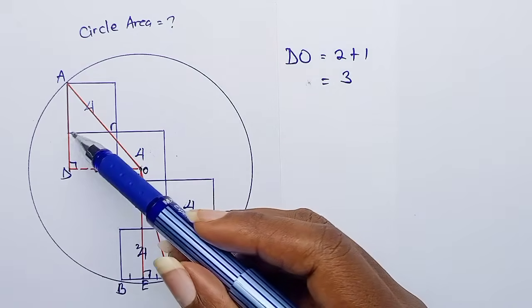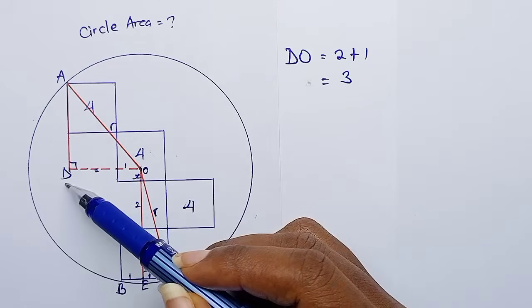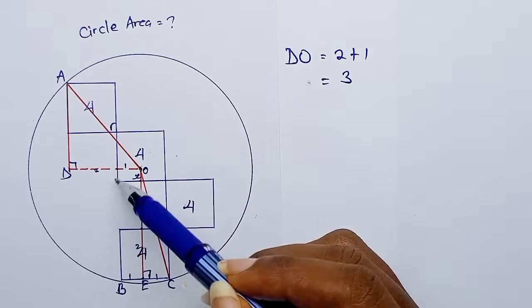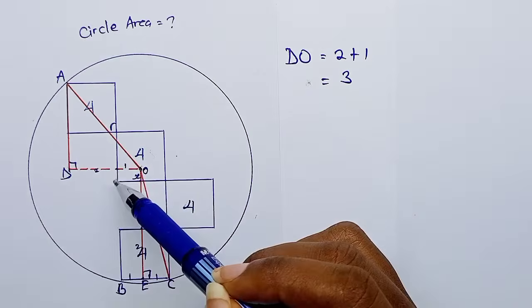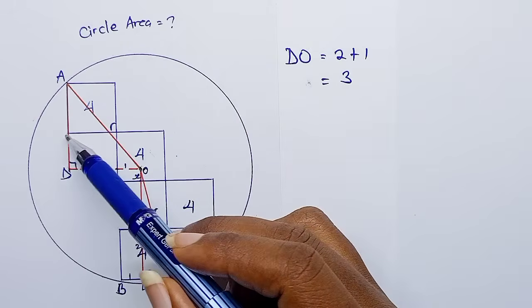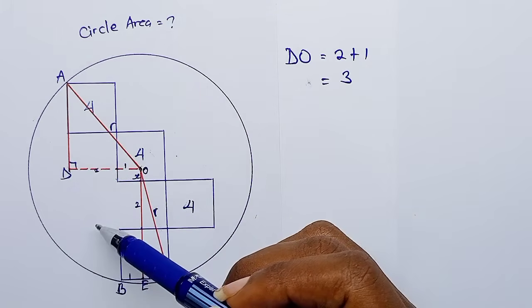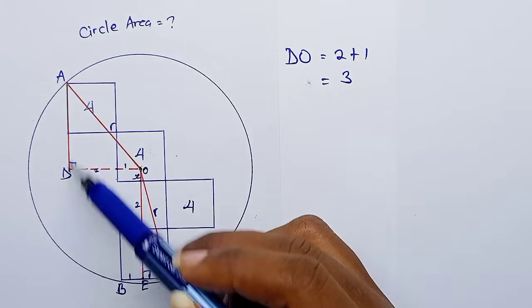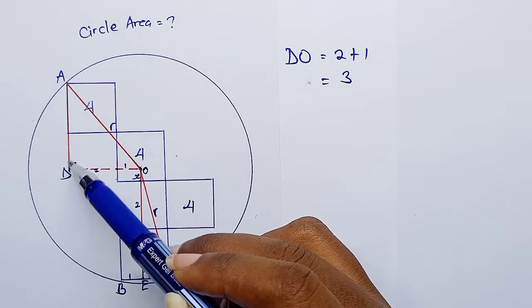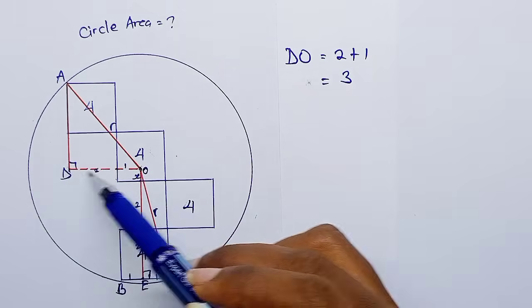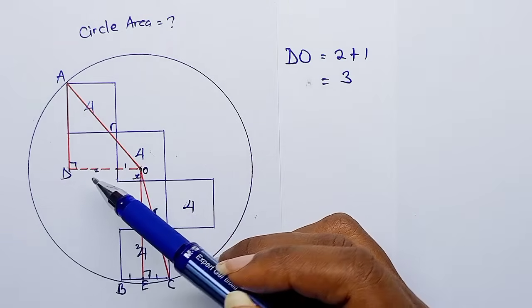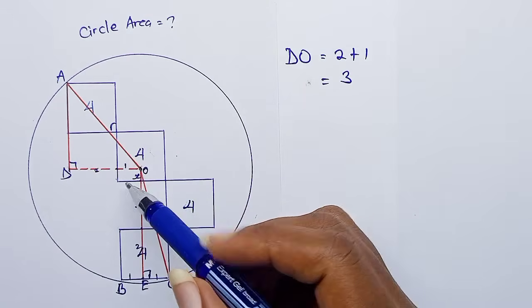Now, if we had this part here from here up to a point where it's a full square, just like the rest, then from here to here would be 2. But since it's not a full side, which is 2, as you can see, it's just partly less than 2.